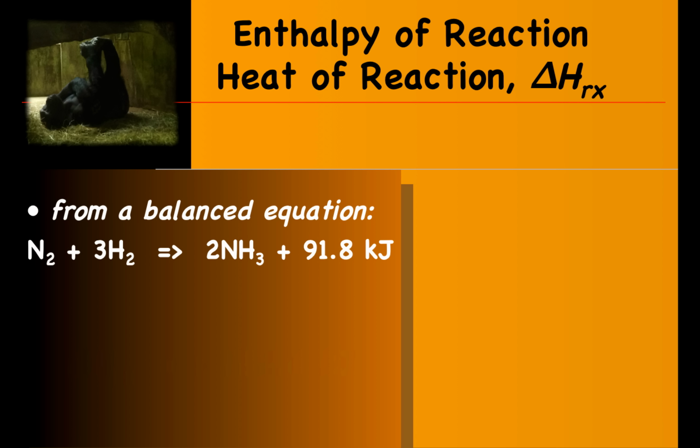This is an exothermic reaction. The nitrogen and hydrogen must lose energy to be converted into ammonia. Since this is an exothermic reaction, we know that delta H is negative. The heat of reaction, or enthalpy of reaction, for this equation is negative 91.8 kilojoules.